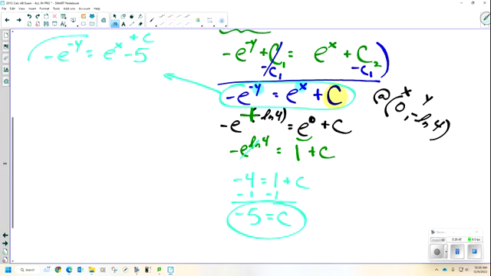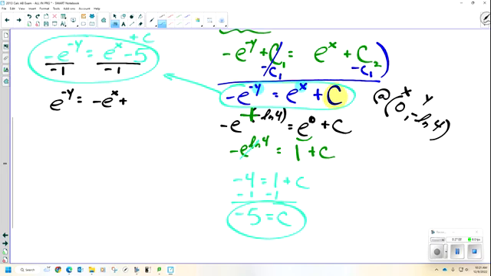And we want to get the y alone. So I'm naturally going to apply an ln to both sides to get rid of my e's. But before I do that, let's divide both sides by negative 1. So I've got e to the negative y equals the negation of e to the x plus 5. I'm just flipping both the signs. Now let's take the natural log of both sides.